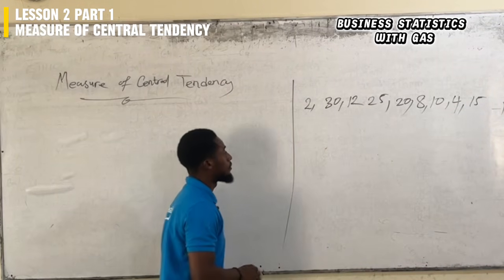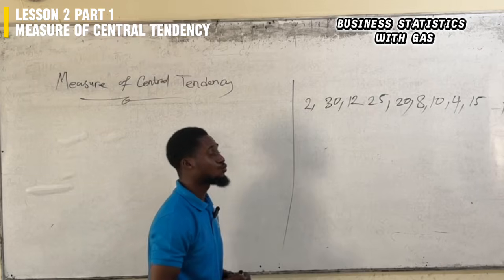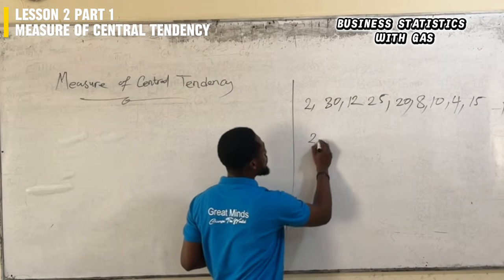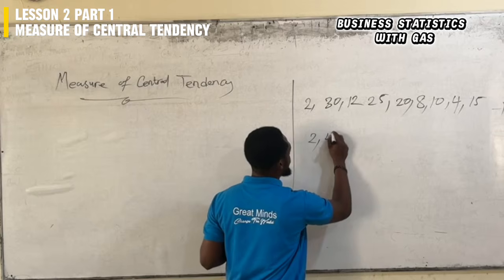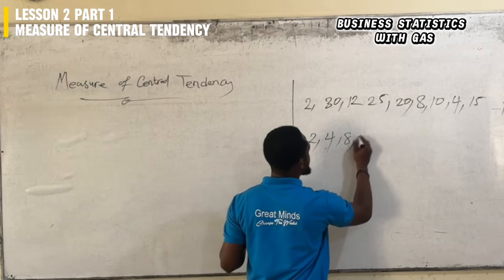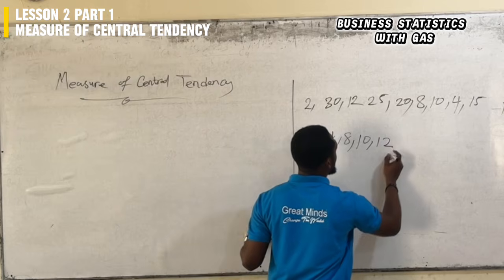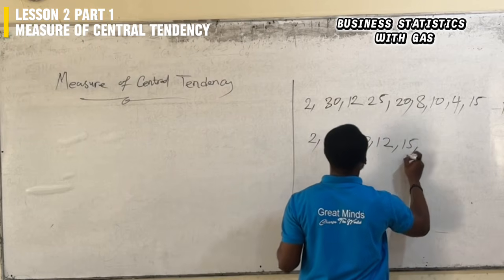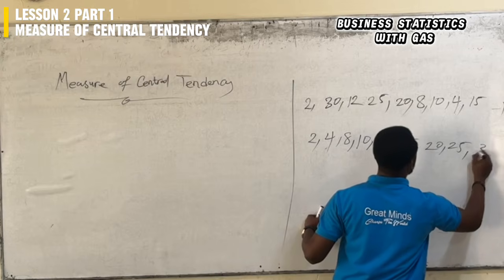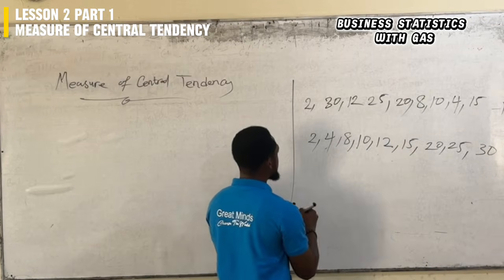Now, having these figures, you arrange them from ascending to descending order. So you start with 2, followed by 4, then 8, 10, 12, 15, 20, 25, and 30.